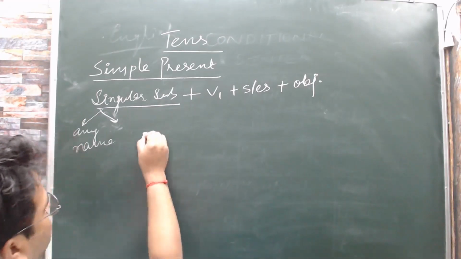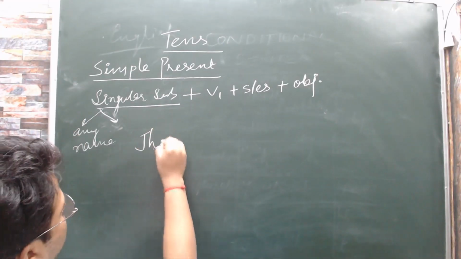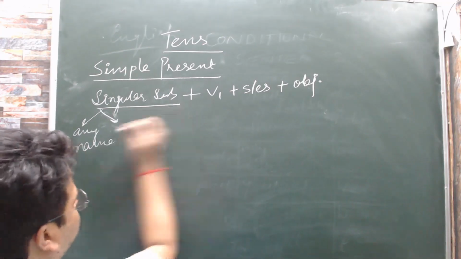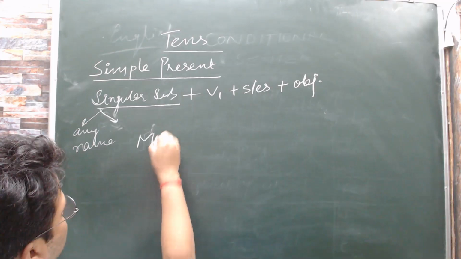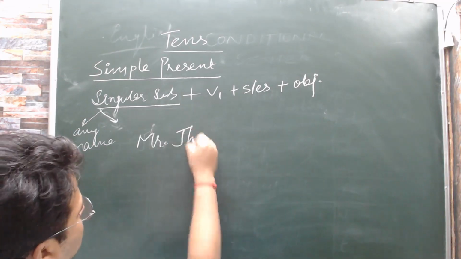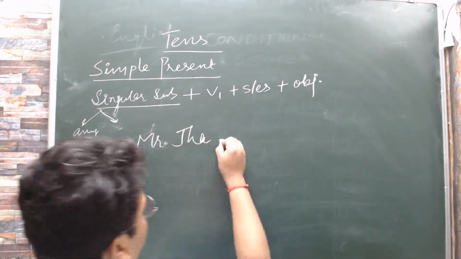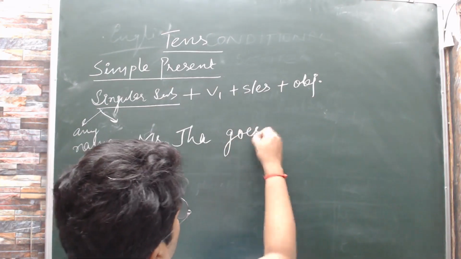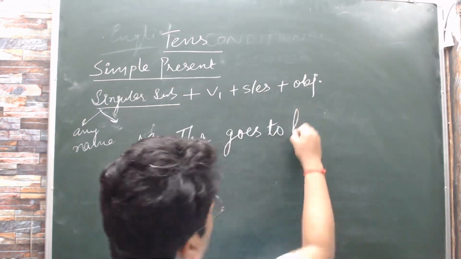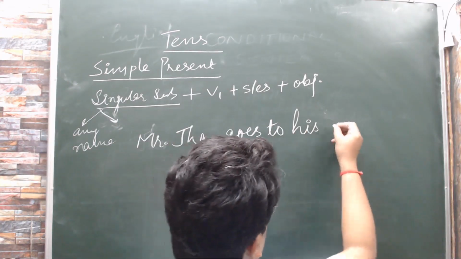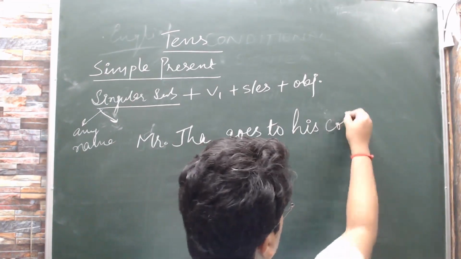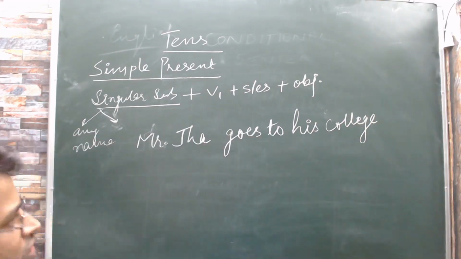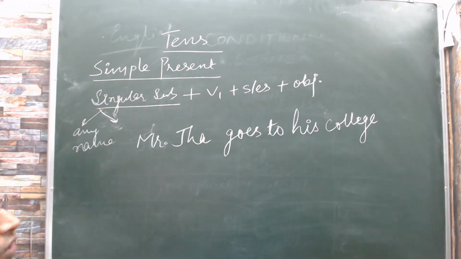Like if I write John, we can write like Mr. Jha goes to his college. So Mr. Jha goes to his college.